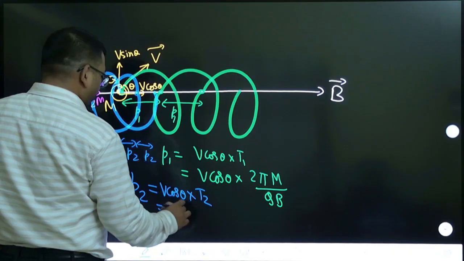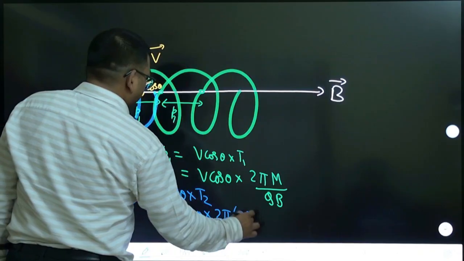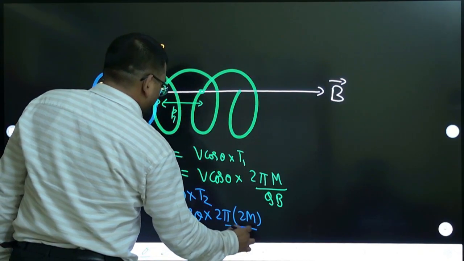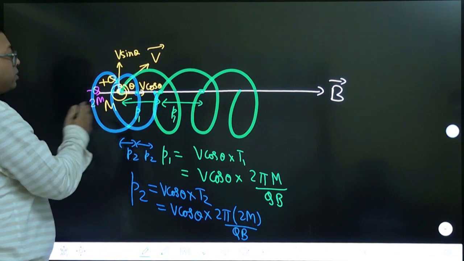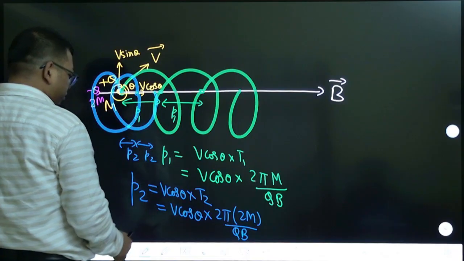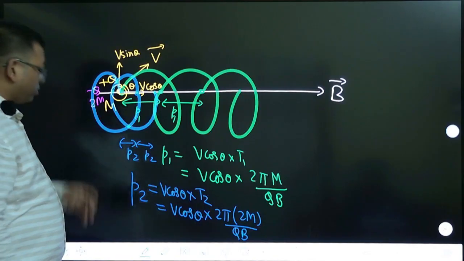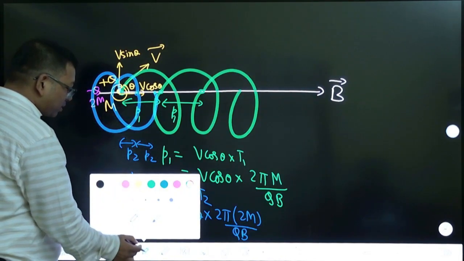So v cos theta times the time period, 2 pi, mass is 2m, by qb. So definitely this is going to have a larger pitch than this, but double. So I will just draw a rough diagram to understand that.